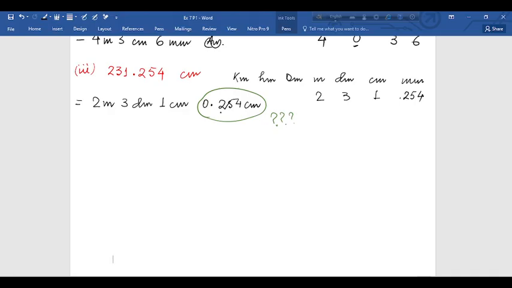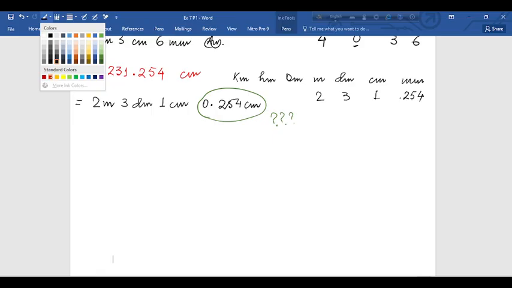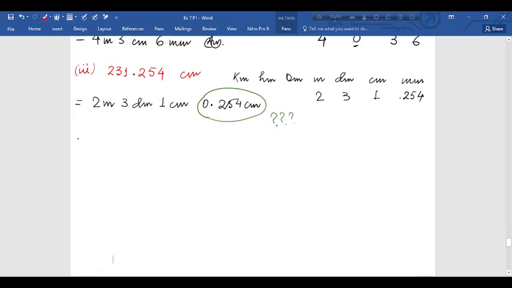Next, 5 part 4, 61.027 and this is hectogram.